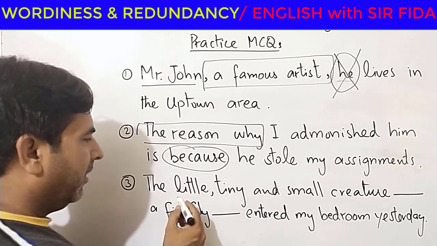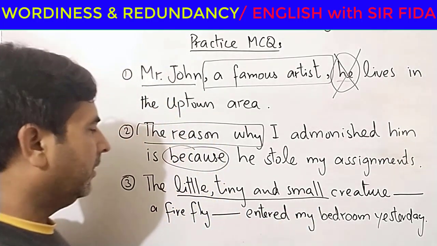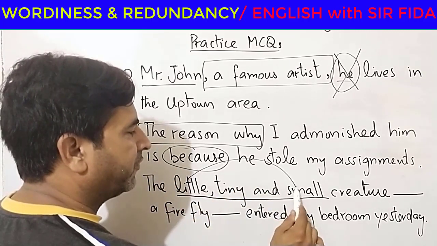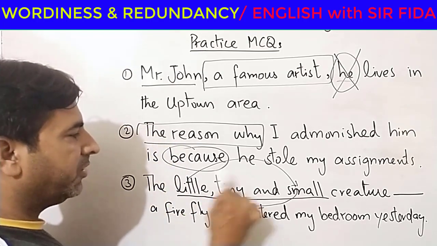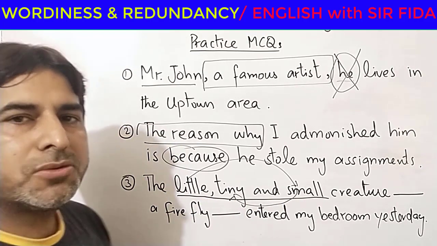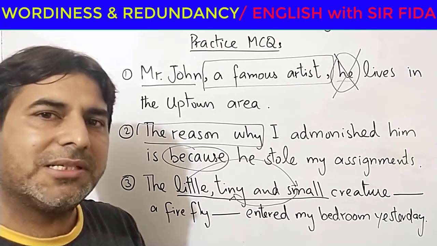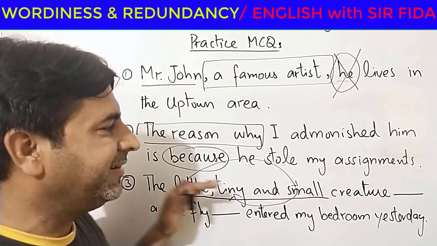You can see the little tiny and small creature. Little has the same meaning as small, and small has the same meaning as tiny. So there are three synonymous words giving the same meaning. This is also considered overuse of words. So this is the redundant style.